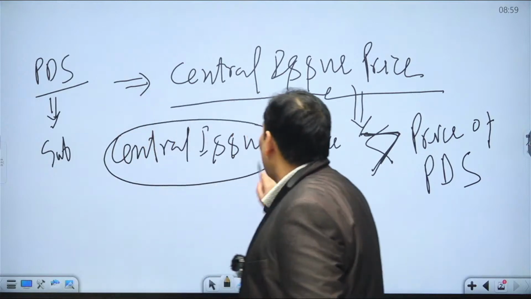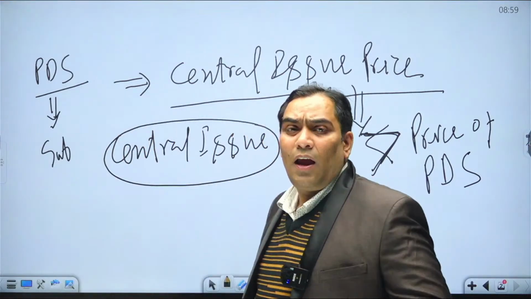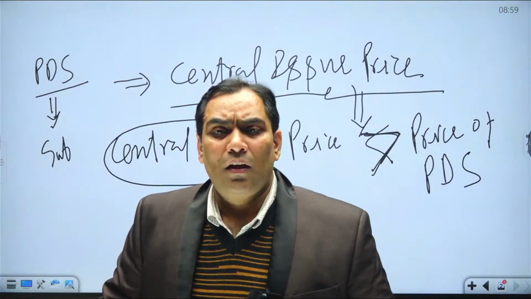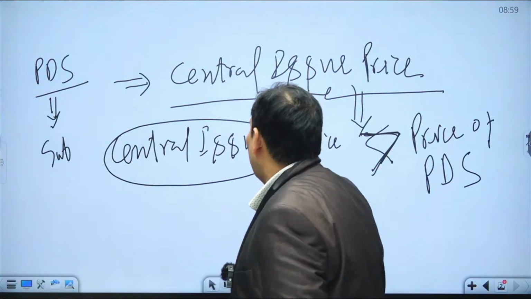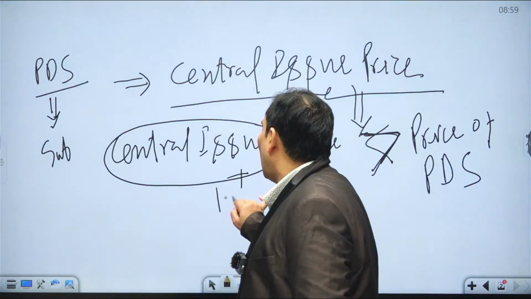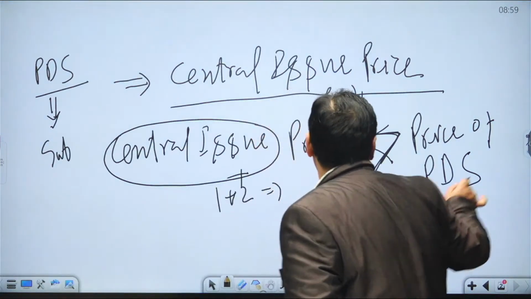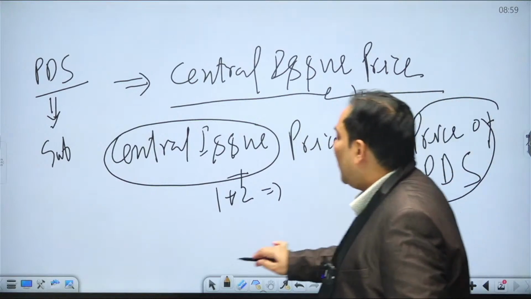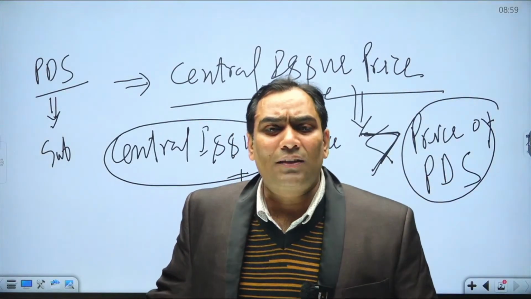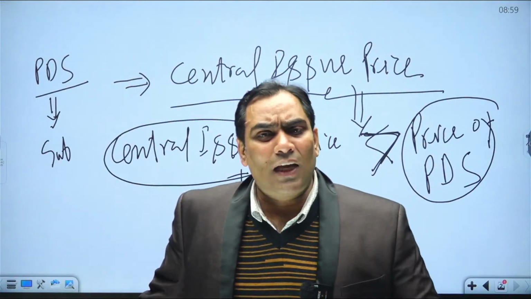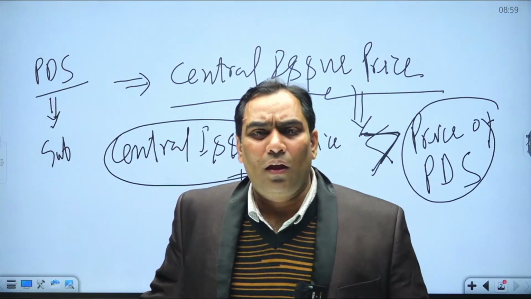The state government cannot earn 1 or 2 rupees more and sell to PDS. Rather, the state government can give a subsidy from its side, on top of whatever subsidy the central government is giving.